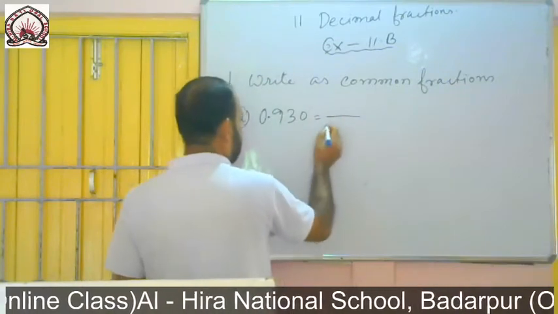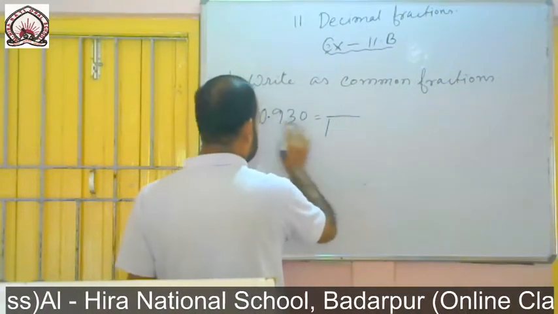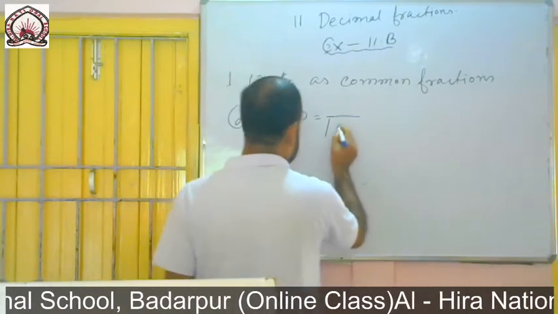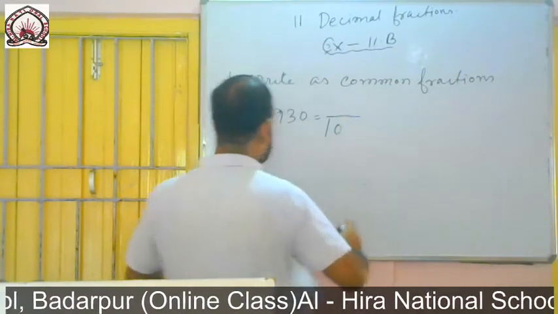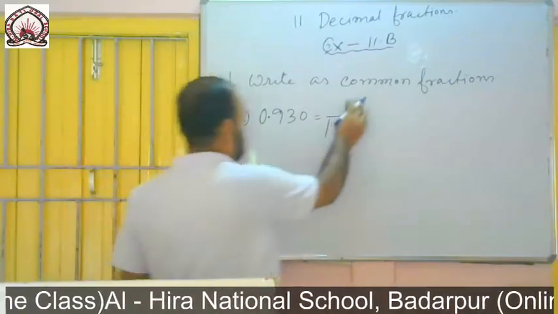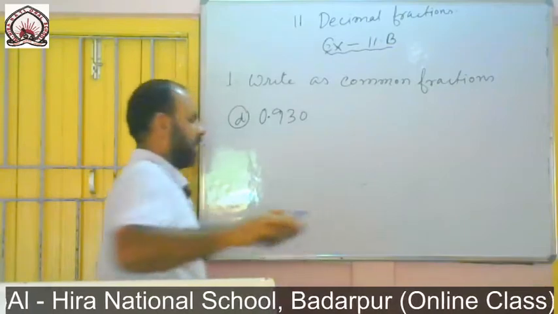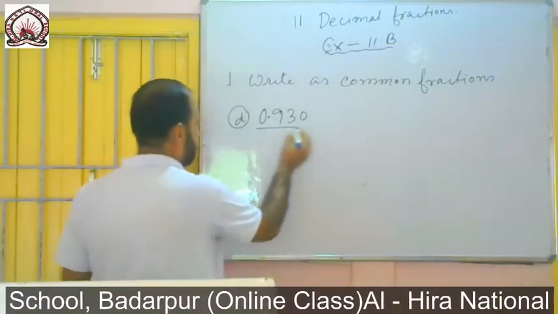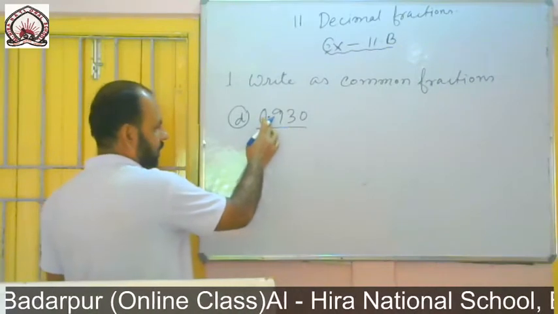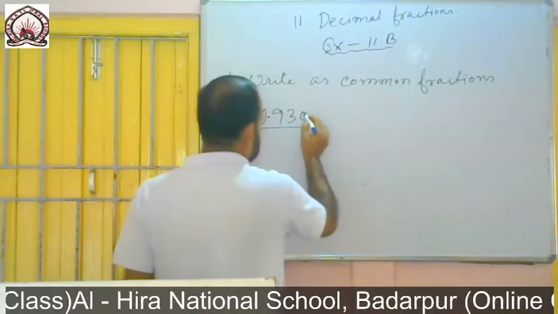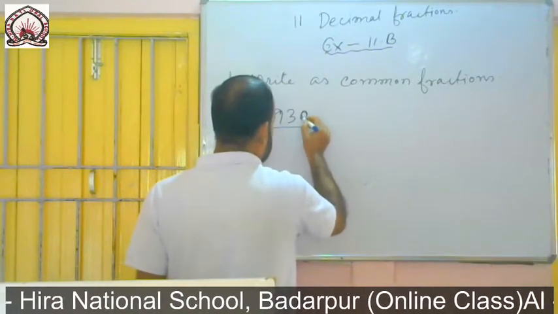In place of the point we give 1, then how many digits after the point, 1 2 3, we give 3 zeros. Listen to this once again. There are 3 digits after the point, 1 2 3, but this 0 also, if we don't write it, then no problem.